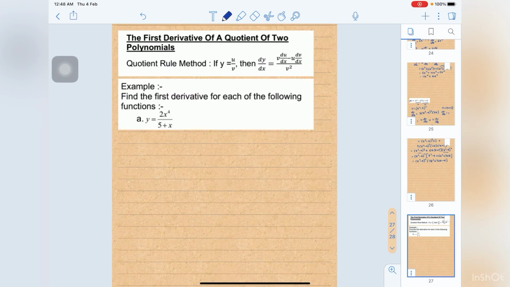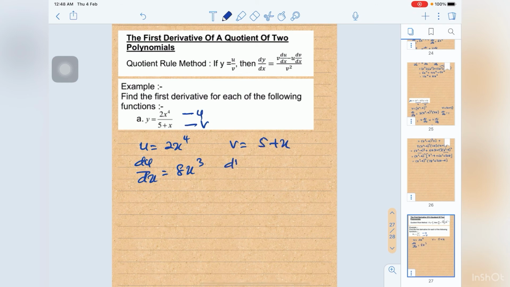Besides the product rule, we also have the quotient rule to find the first derivative. If we have y equals u over v, then dy/dx equals (v du/dx minus u dv/dx) over v squared. Now for this one, we assume the top one is u, the bottom one is v. So u equals 2x^4, du/dx equals 8x cubed. v equals 5 plus x, dv/dx equals 1.